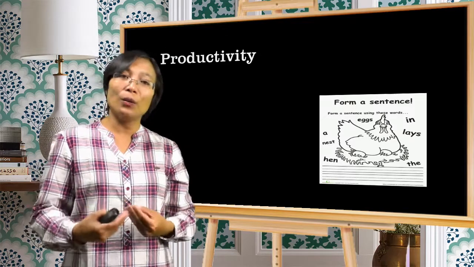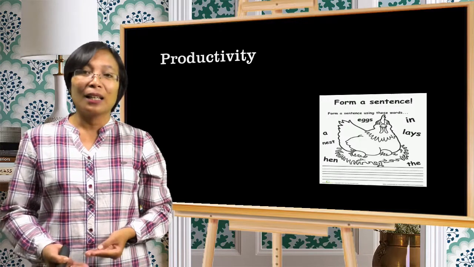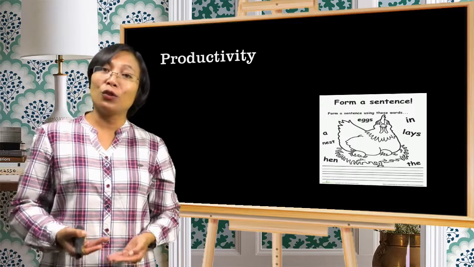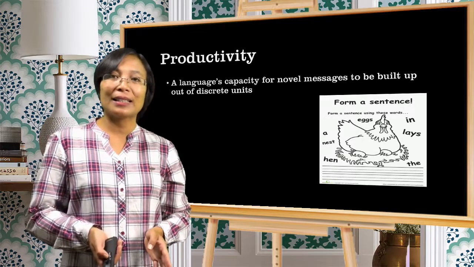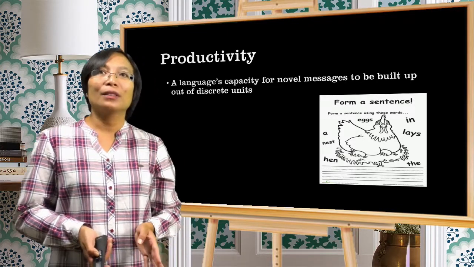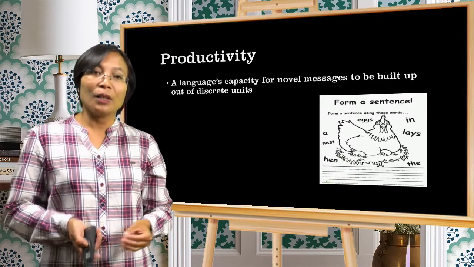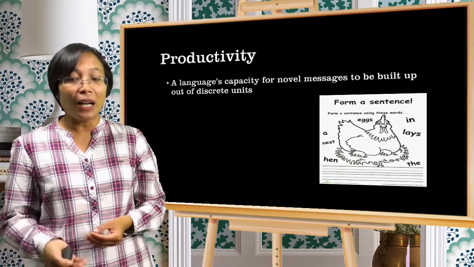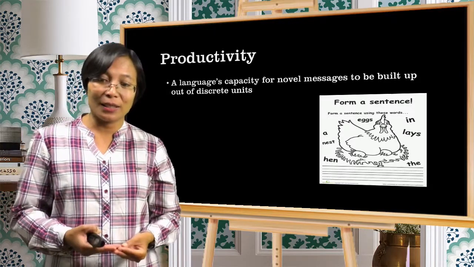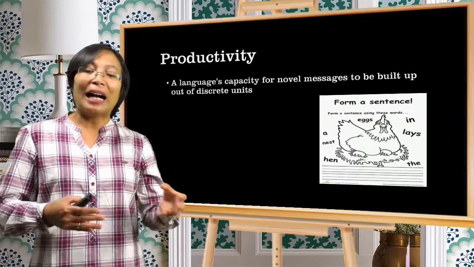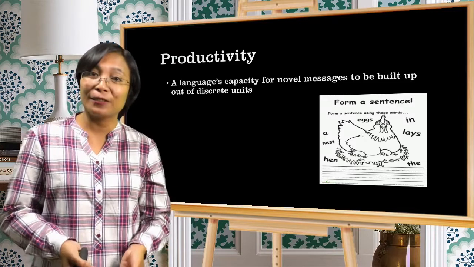Every day we can always make new sentences and new phrases. We can even make new words, because our language has a particular ability which enables us to produce novel utterances to be built up out of discrete units. So this is productivity.